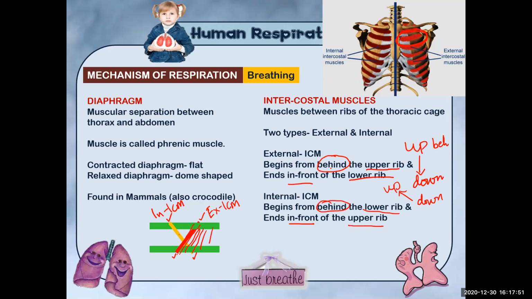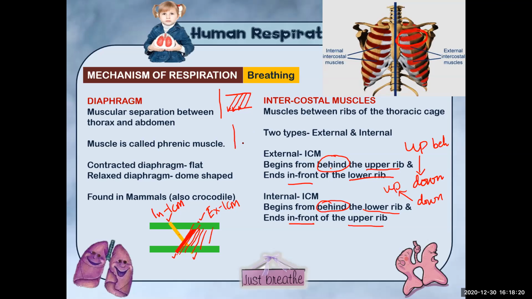Now this is extremely important. So if this is the midline of the body, and these are the two ribs, then the direction of external intercostal muscles is going to be like this. The direction of external intercostal muscle का direction ऐसा है. ठीक है?